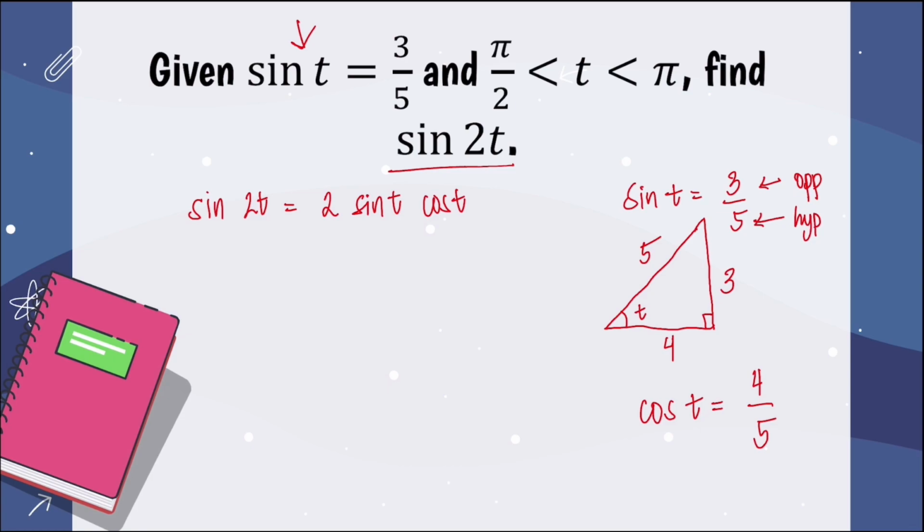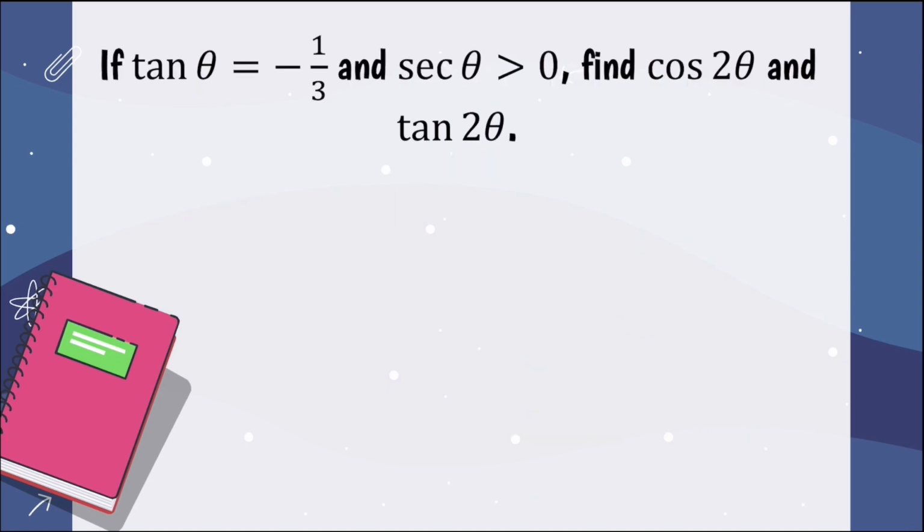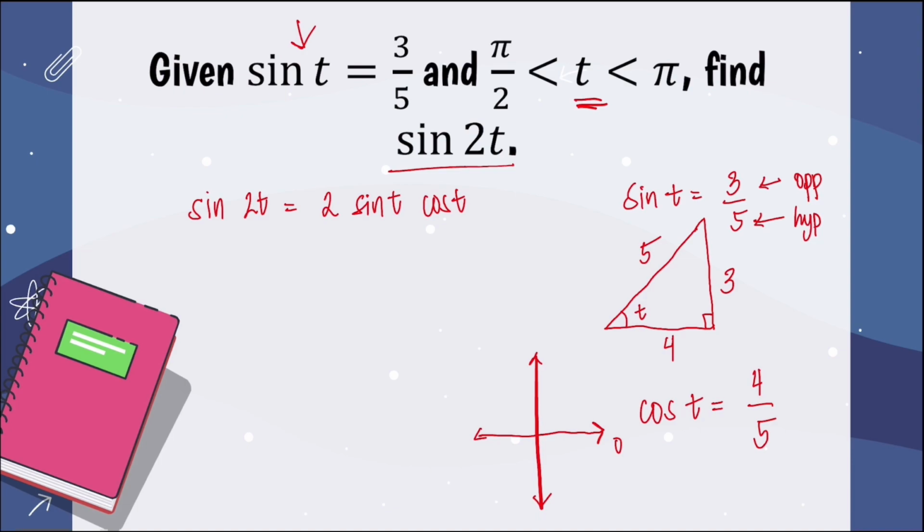But one thing that we have to remember is that our angle, which is t, is between pi over 2 and pi. So that means our angle is in quadrant 2, because if you remember, if we will draw the Cartesian plane, this is 0, this is pi over 2, this is pi, and this is 3 pi over 2.